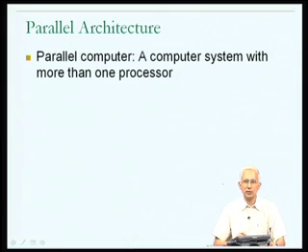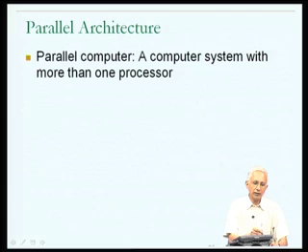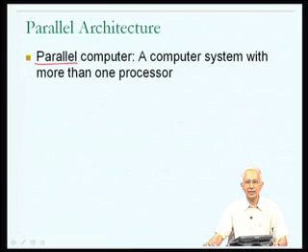For example, it was possible for one instruction to be fetched while another instruction was being decoded, etc., in a pipeline processor, and that was activity happening in parallel. But here we very clearly are talking about a situation where we will identify a parallel computer by the fact that it has more than one processor, and therefore more than one instruction can be executed at the same time, unlike what we were talking about up to now.